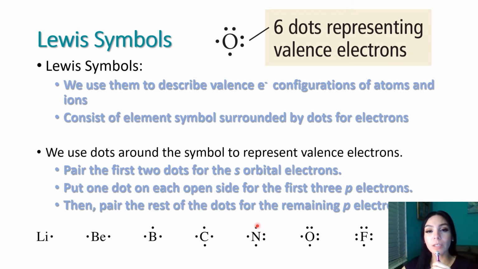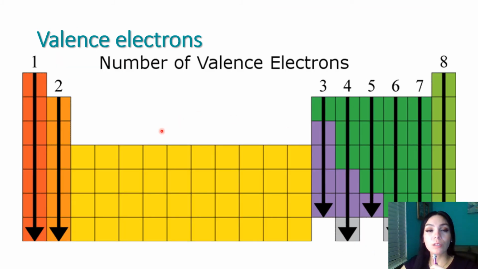From there you place 1, 1, and 1 as the first 3 p electrons, and anything after that is filling in whatever's left of the p orbital. So for example, this fluorine has the first 2 s orbital electrons, and then you have the p electrons filled in. So this is just a refresher.